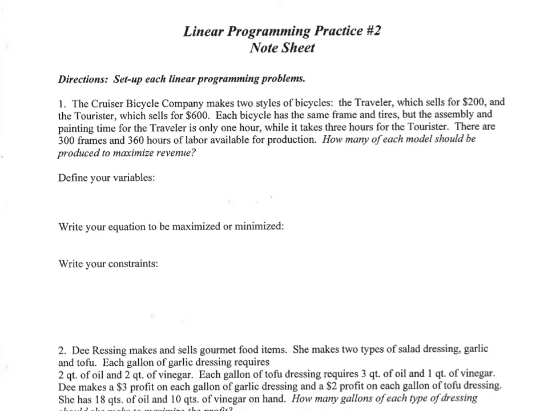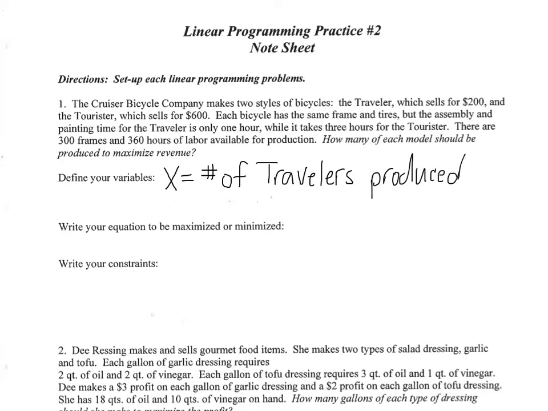And so I notice that Travelers comes first. So I'm going to define X to be, and I want to be specific, number of travelers produced, and then I can let Y stand for the number of touristers produced.